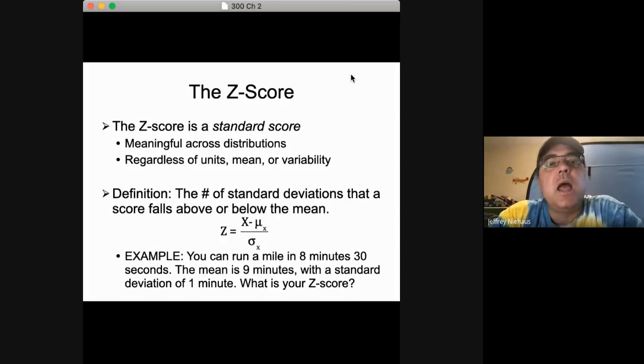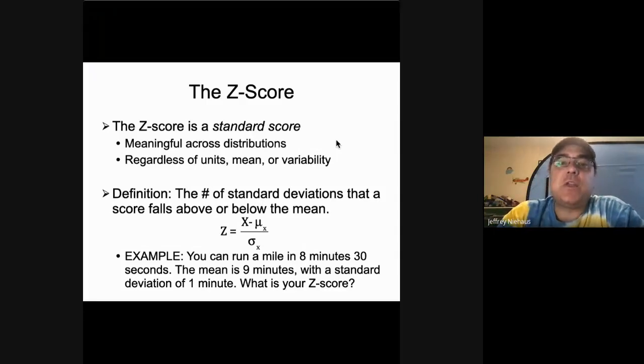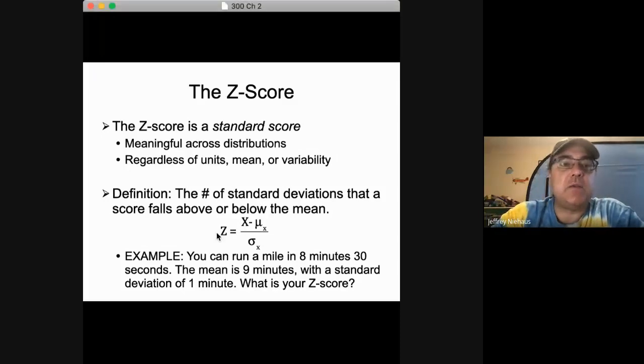But anyway, here's a formula. Formulas are always nice. They're nice and grounded. If you want to calculate the number of standard deviations above or below the mean that an individual observation is, you can put it into this formula. You will get out of it a z-score.